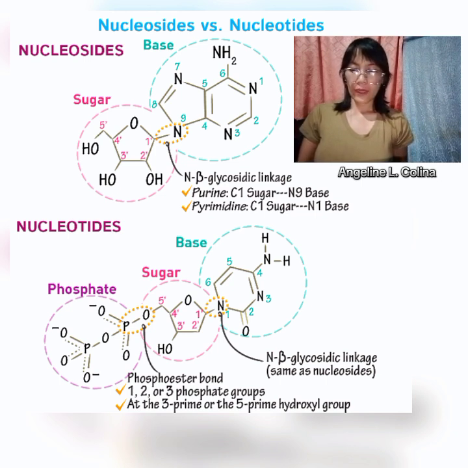Nucleosides play matchmaker, bringing together bases and sugars to form the foundation of nucleotides. Once those phosphate groups crash the party, nucleotides transform into the life of the cellular fiesta, driving energy transfer and genetic information flow.